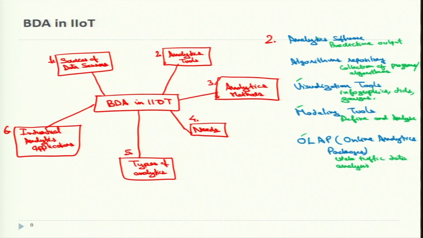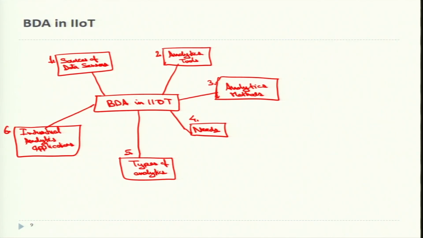Next comes number 3, that is the analytics methods. Analytical methods, if I try to talk about, there are numerous methods which can help in extracting value from big industrial data, which enables quick and effective decision making.